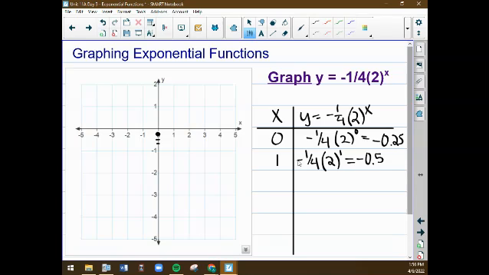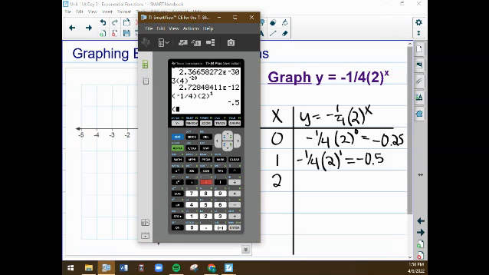So that's right here. What about 2? I plug in 2, negative 1/4 times 2 to the power of 2. And I get negative 1.